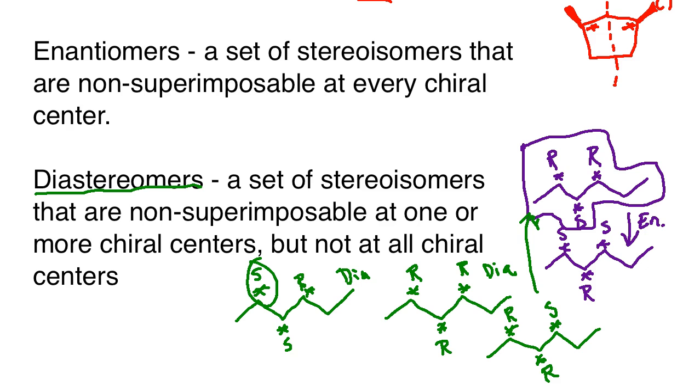All right, so I think you get the point: if I differ at one or more, so it could be two, but if I did all three, then that's the enantiomer again. And every compound will have its own enantiomer.